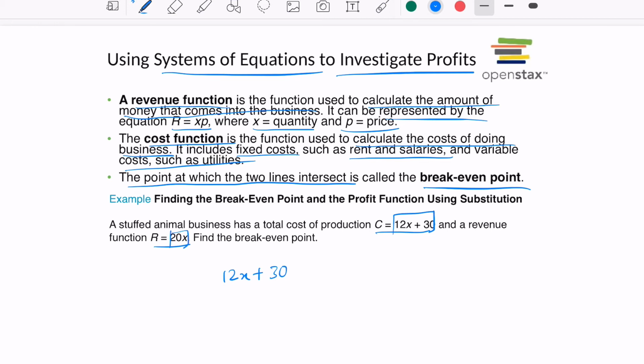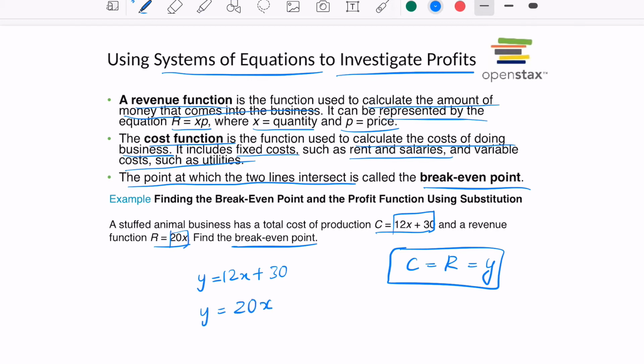So here we are trying to find the common point where the break-even point comes in, where both of them meet, which means that the cost is equal to the revenue at the break-even point. So you have to take into consideration that c equals r equals y. So now substitute y equals 12x plus 30 and y equals 20x.